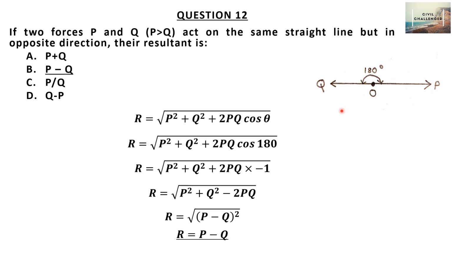So we just need to consider one direction of force as positive, then the other direction of force will be negative. So we can say that it will be P minus Q.